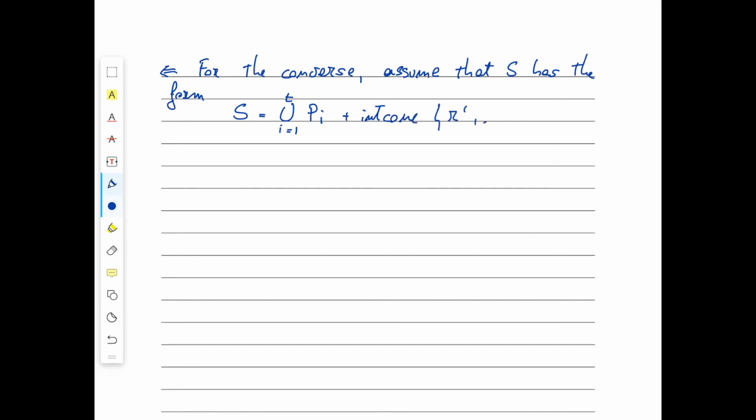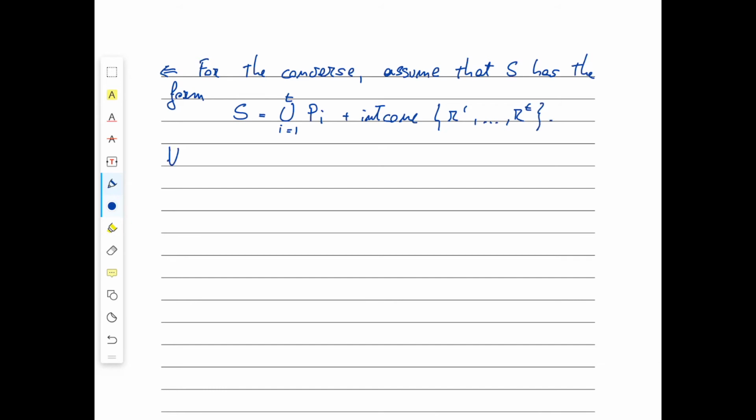So for the converse, assume that S has the form union for i that goes from 1 to k of Pi's plus the integer cone of R1 until Rt as in the statement.